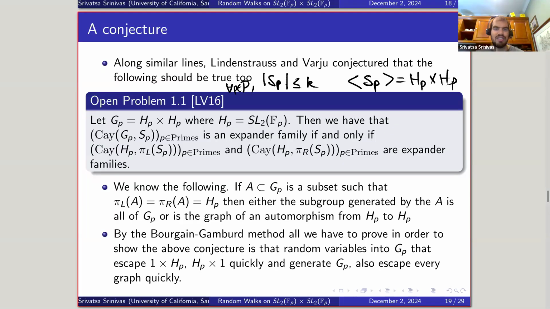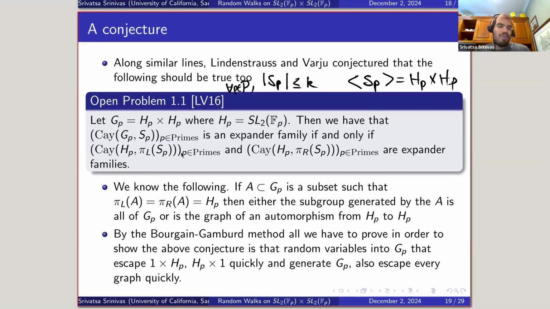That's implicit in my definition of a generating set. That is, SP is this bounded size set such that the group generated by SP is the full product. And now you're asking this question where we have that the Cayley graphs of GP SP is an expander family if and only if the projection onto the left factor is an expander family and the projection onto the right factor is an expander family.